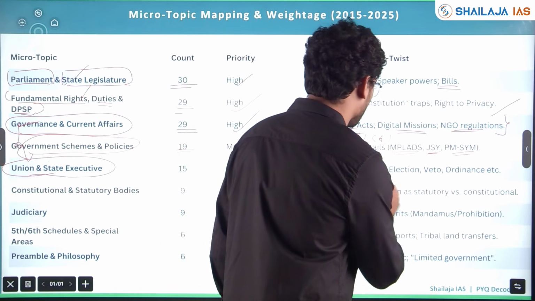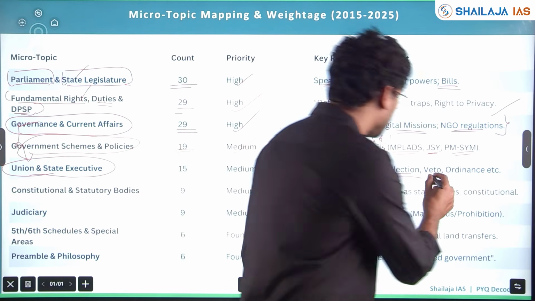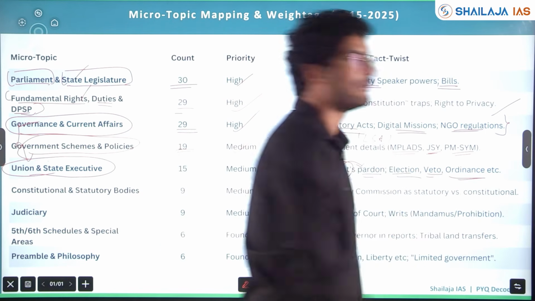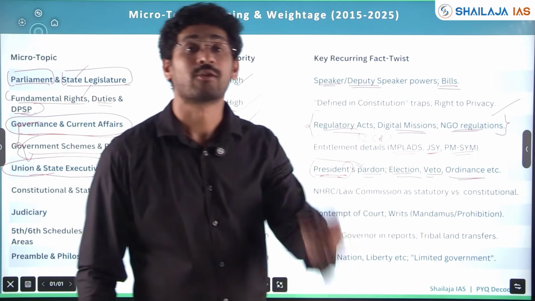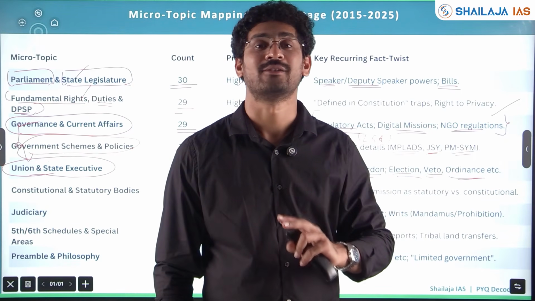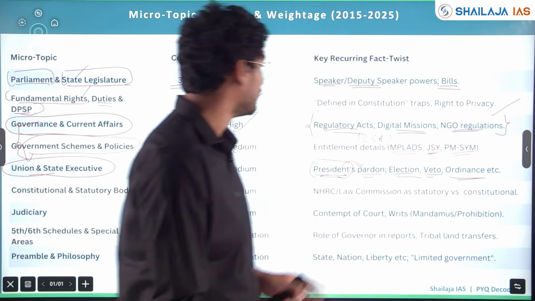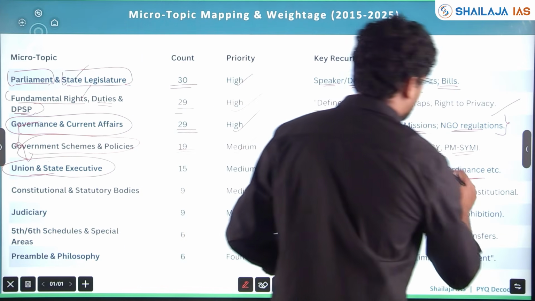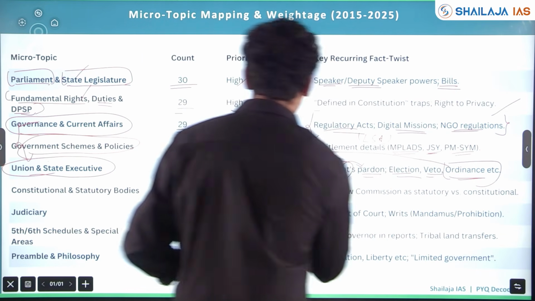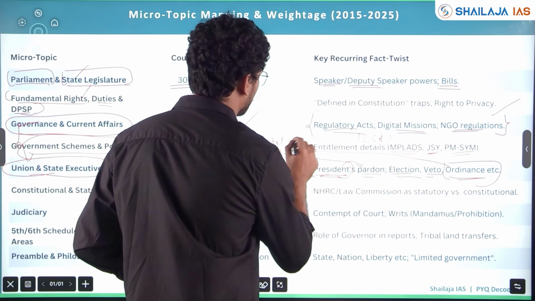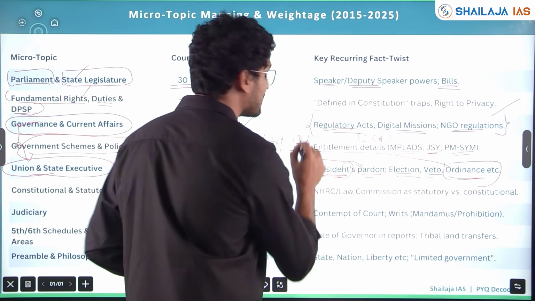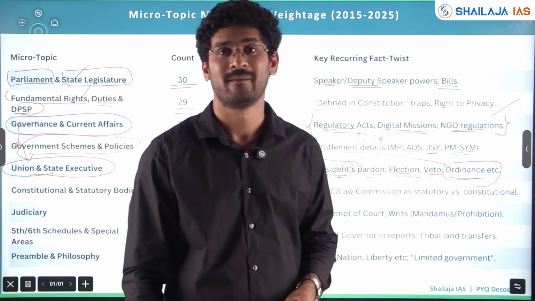In the last year, 2025, the election, veto, president ordinance power, and cross-linking of topics. Cross-linking of topics happens. If it is ordinance, he has linked it to Article 13: whether an ordinance can abridge a fundamental right or not.